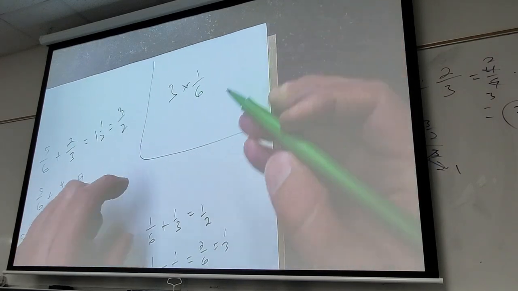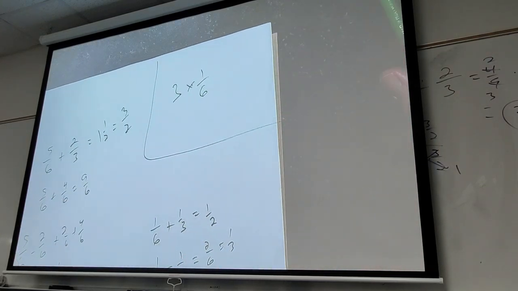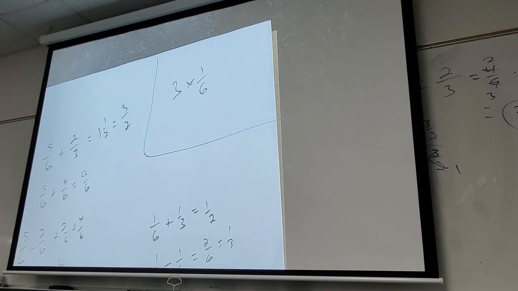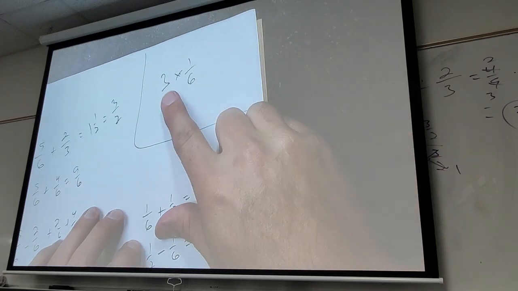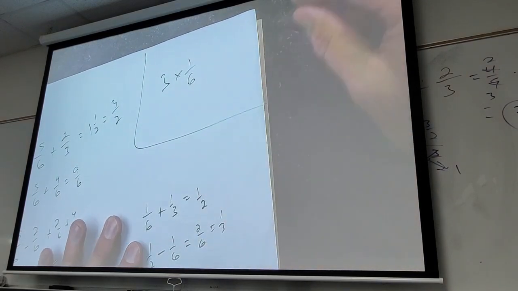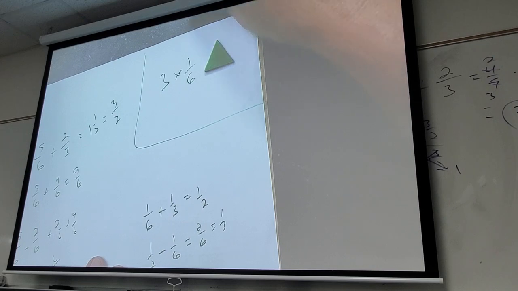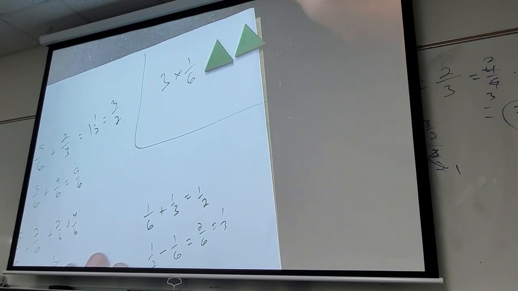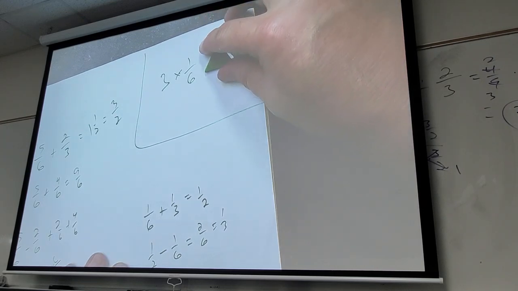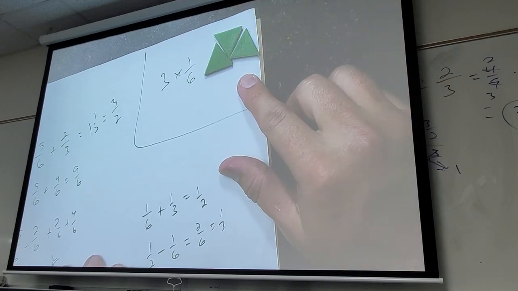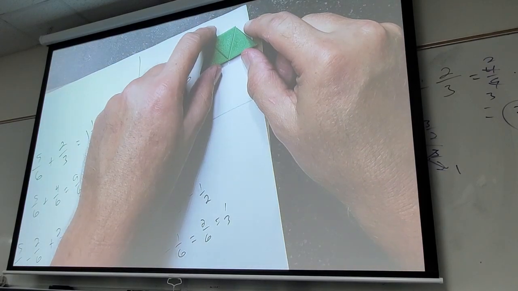What does 3 times something mean? Remember 3 times 2. How did we show that? We would write 3 groups of 2s, right? So here I want 3 groups of 1/6. So there's 1 group, 2 groups, 3 groups. Is that cool?